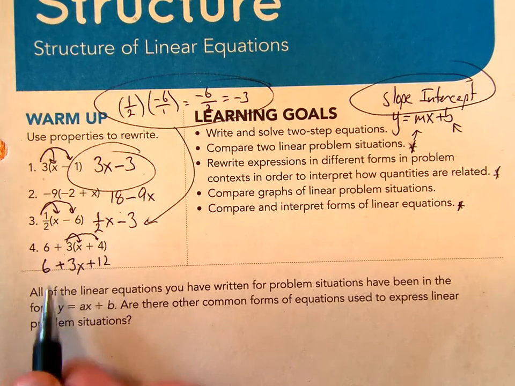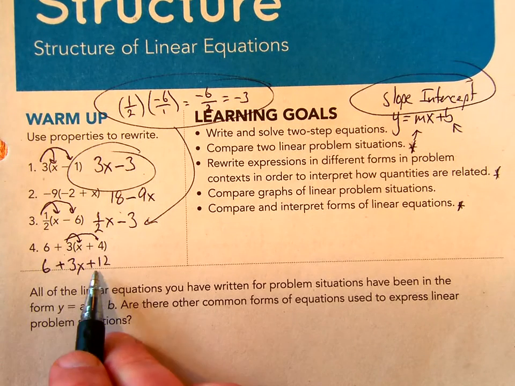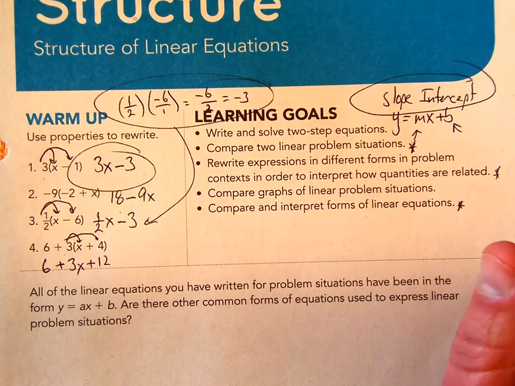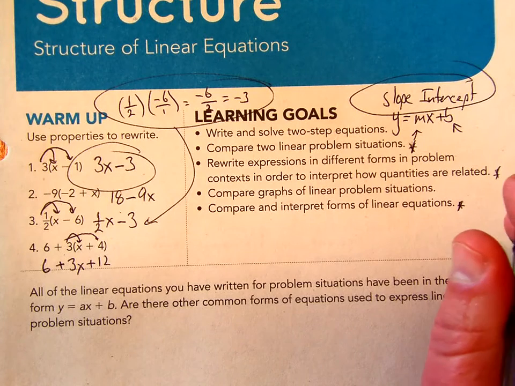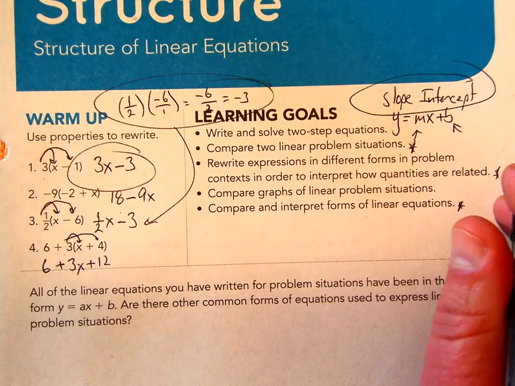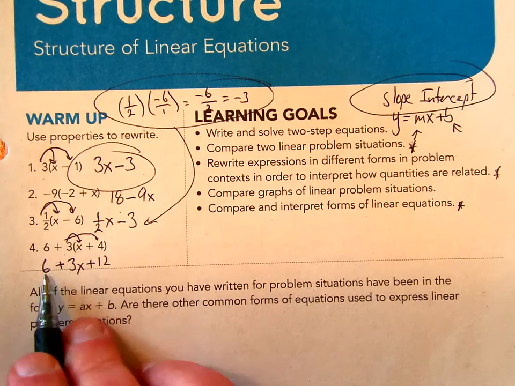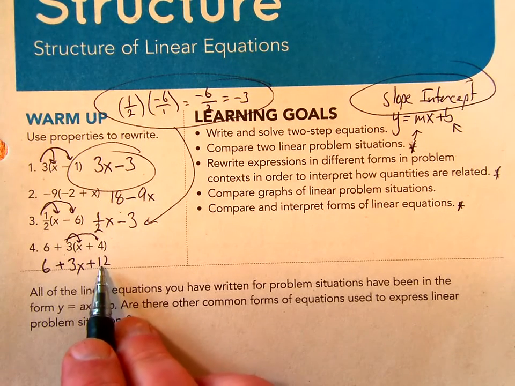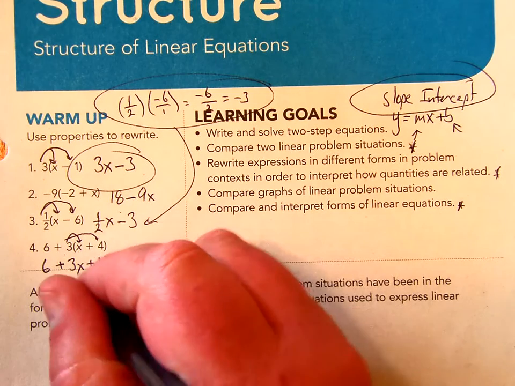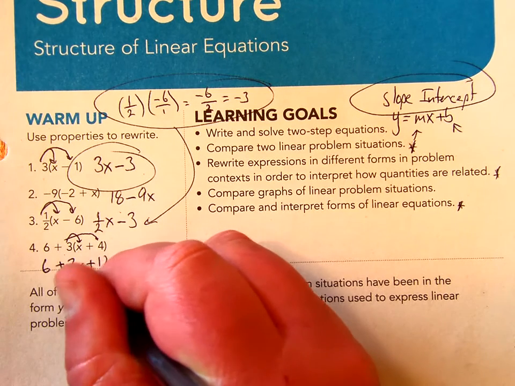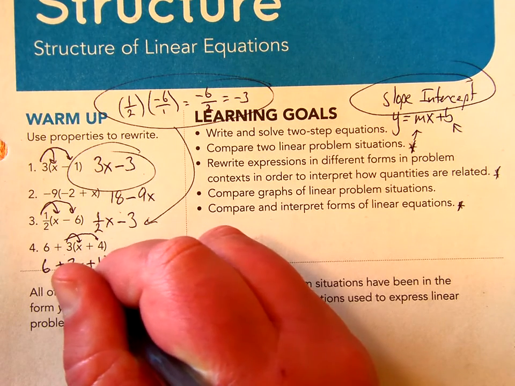I'm going to need to combine, because 6 and 12 are like terms. A step that often gets ignored, I'm going to include it here just because it is part of the properties. We often just go straight to combining 6 and 12 and saying it's 18. But mathematically, the step before that would be to, actually I'm going to commute this side.